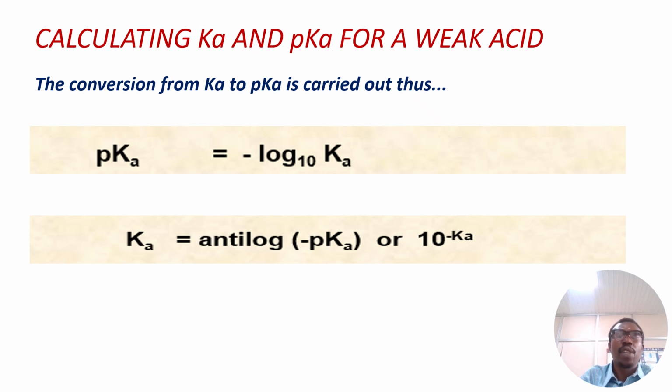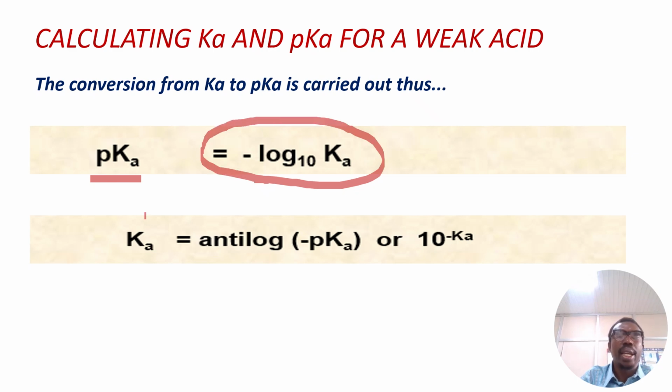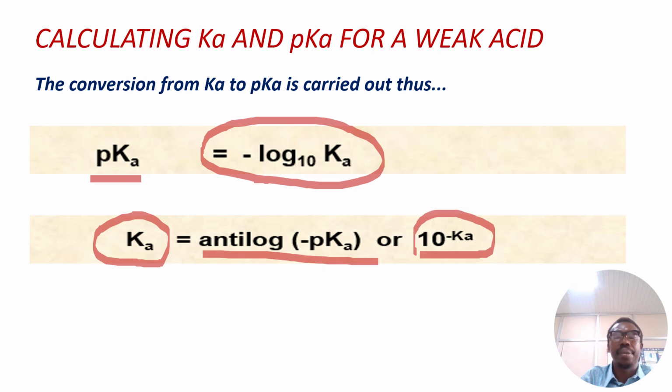Now look at the conversion from Ka to pKa. The pKa is the negative logarithm to base 10 of the acid dissociation constant, Ka. So Ka will be equal to the antilog of minus pKa, or 10 raised to the power minus pKa.